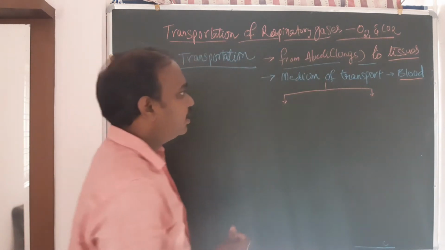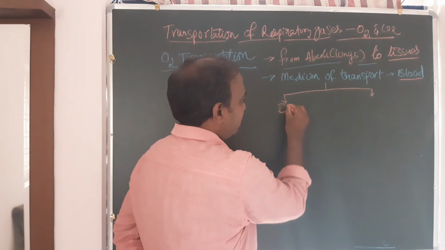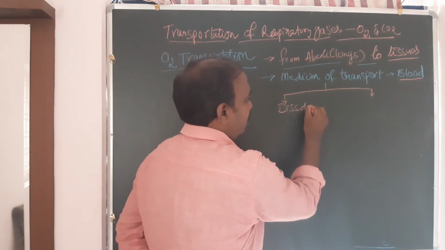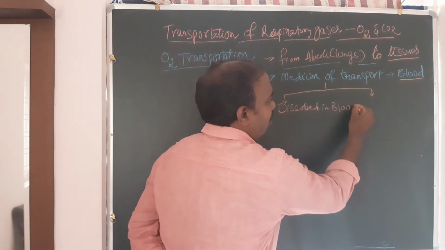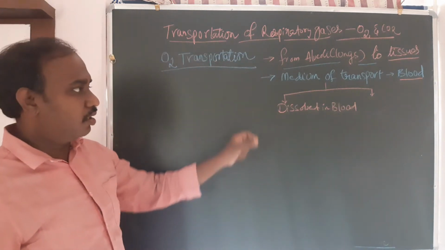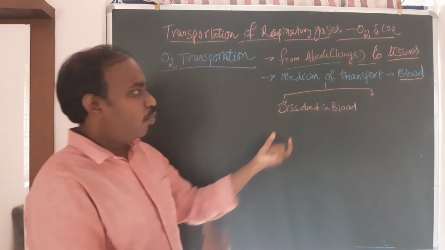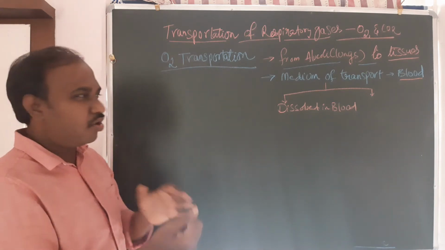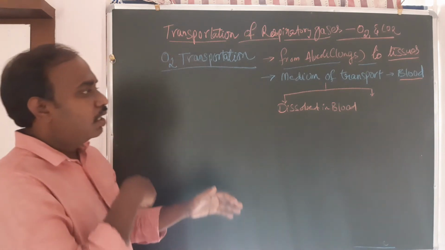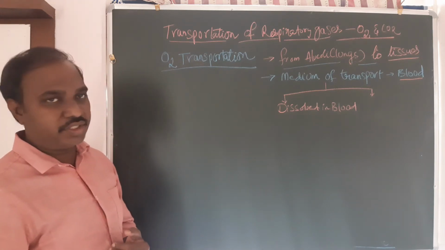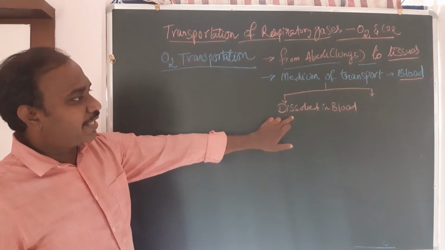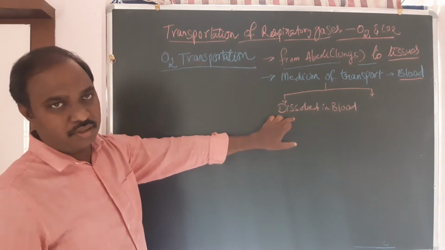One, it is dissolved in the blood. Oxygen is not such a great dissolver in the blood. It doesn't dissolve much. That is why a very small amount of oxygen is transported in this method.